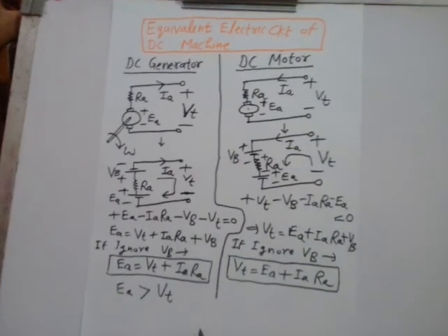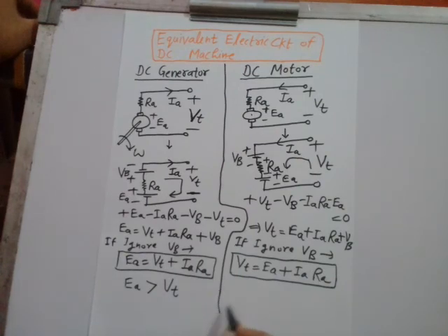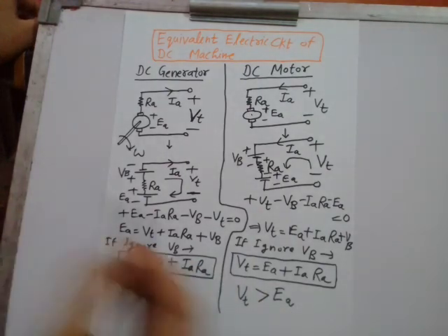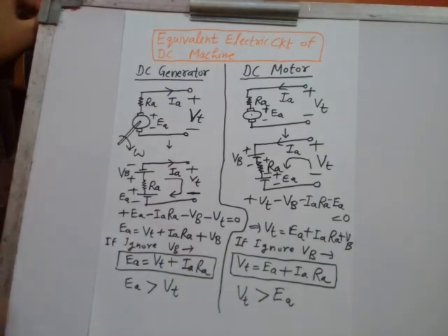While in a motor, the terminal supply voltage will be more than the armature induced EMF EA. If you know that in a generator EA is more than Vt, and in a DC motor Vt is greater than EA, then you can write the circuit equation.